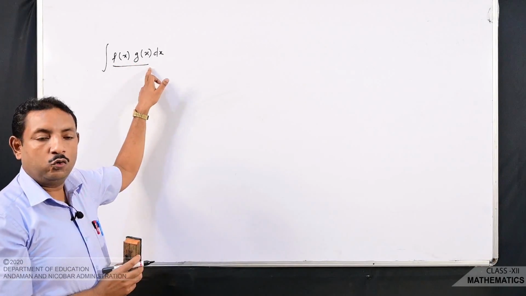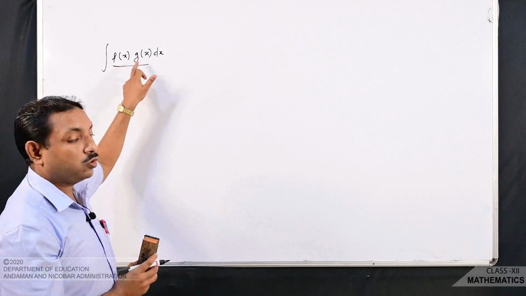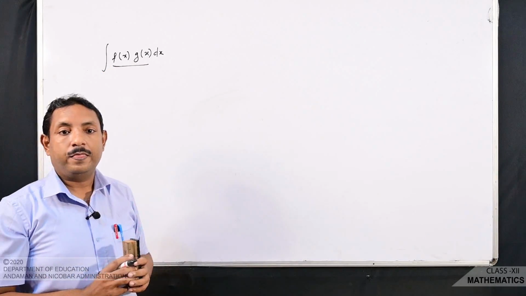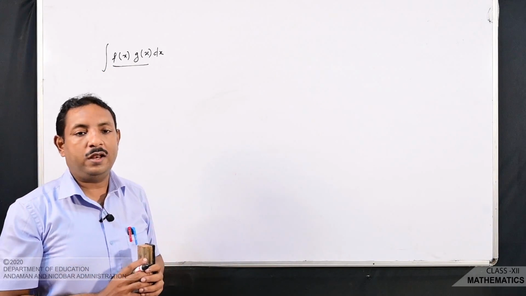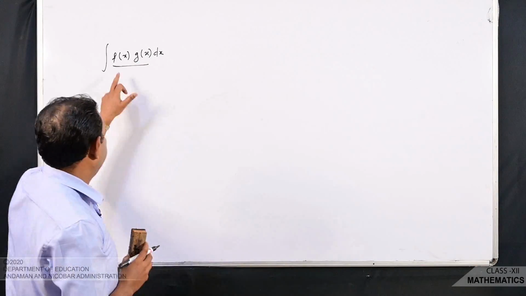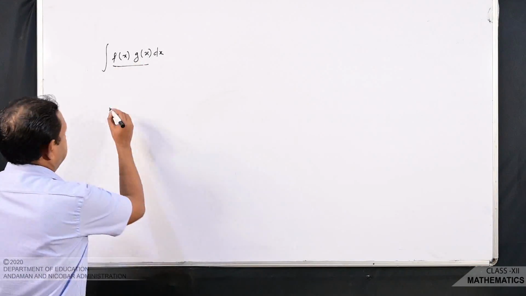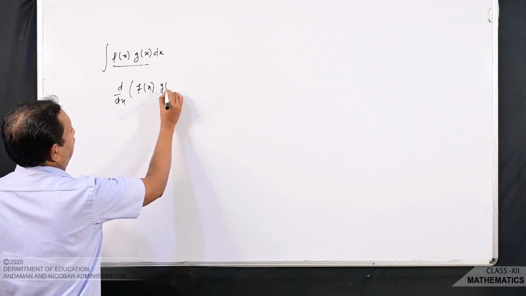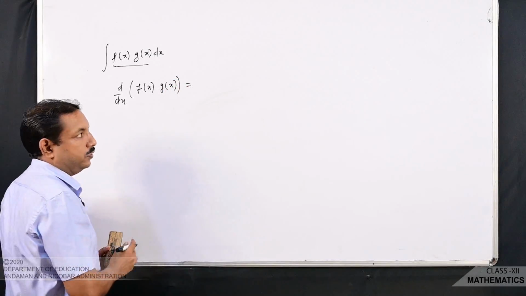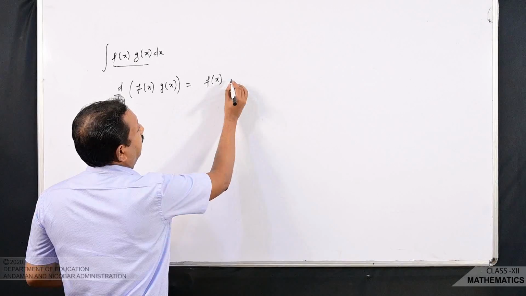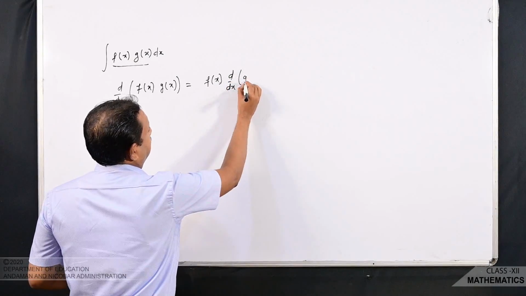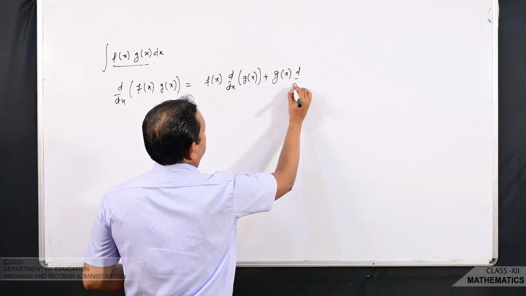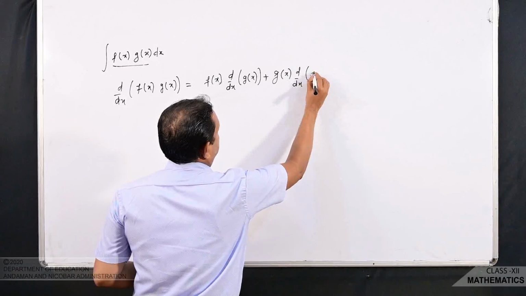We have so far no prescribed rule for the product of two functions, but we have the derivative rule that we call the product rule. Suppose we have the derivative of these two functions, that means the derivative of f of x and g of x is equal to f of x times the derivative of g of x plus g of x times the derivative of f of x.